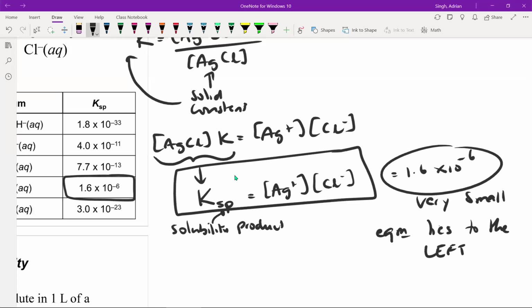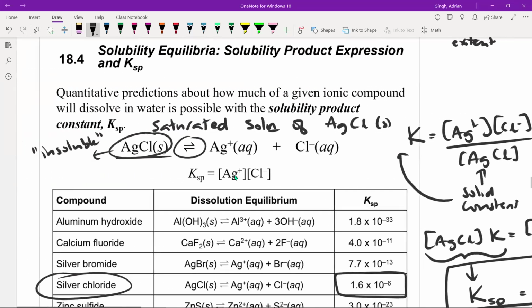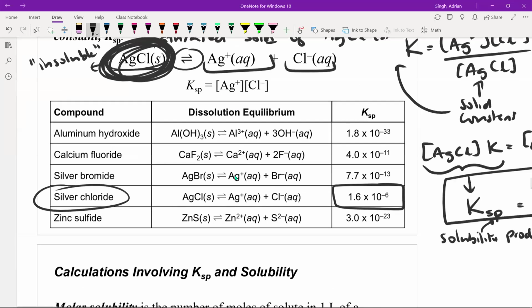So that means if you were to dissolve some AgCl in some water, we're actually going to have a much higher amount of this being in the undissociated form, and very small amounts of the ions, because it doesn't dissolve to any great extent.